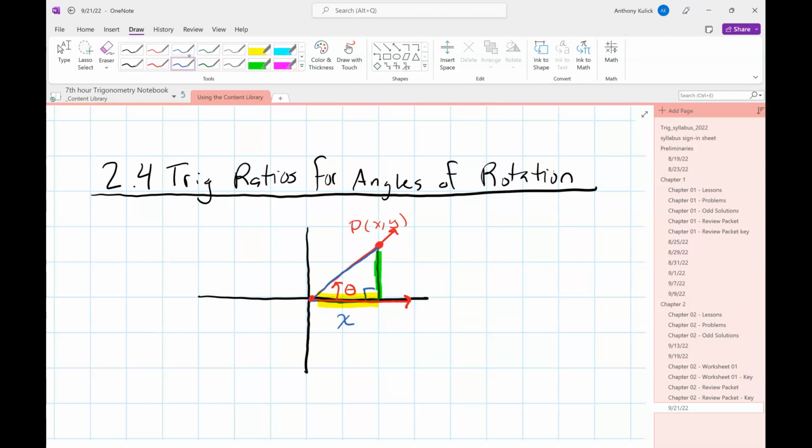Y. Everybody's okay with this? To graph the point, we go x over and then y up. So the side length on the bottom on the x-axis should be the same as the x-coordinate for my point. And the vertical side of my triangle should be the same as the y-coordinate for my point. Everybody's cool? How would I find the third side of that triangle then?